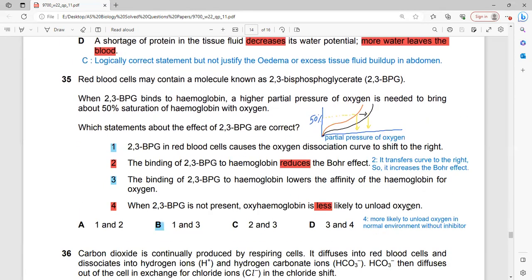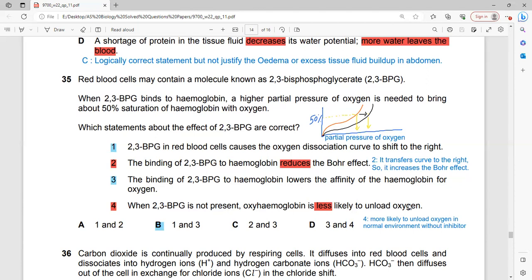Now, the red blood cell may contain a molecule known as 2,3-bisphosphoglycerate. When 2,3-bisphosphoglycerate binds with the hemoglobin, a higher partial pressure of oxygen is needed to bring 50% saturation of the hemoglobin with oxygen.